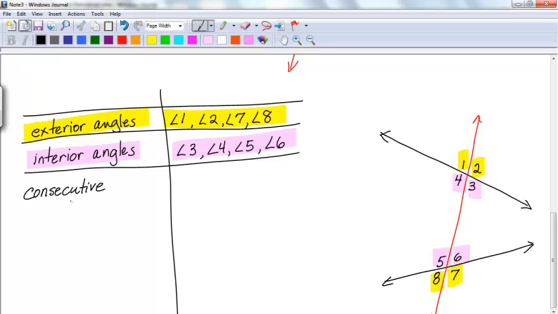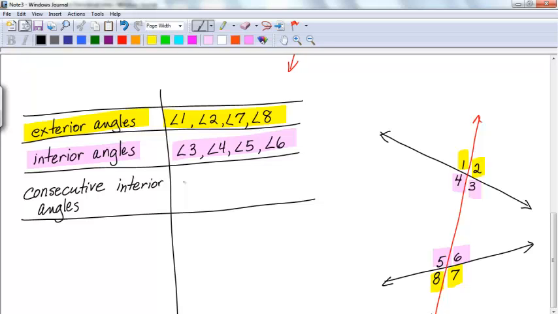The next one is consecutive. First make sure you spell that right. C-O-N-S-E-C-U-T-I-V-E. Consecutive interior angles. They are on the same side, on the inside.